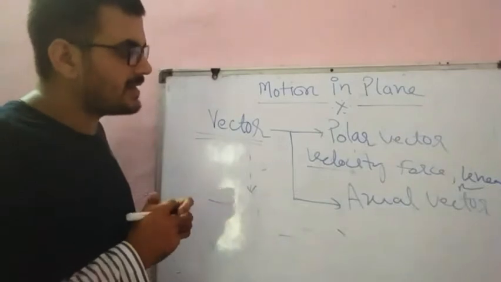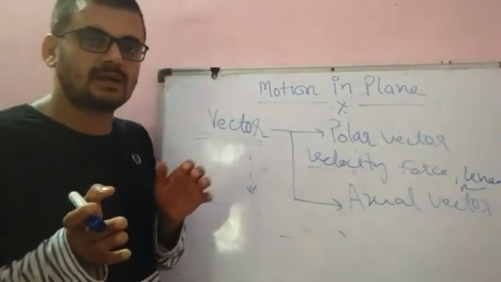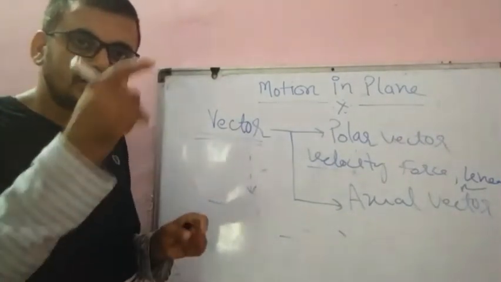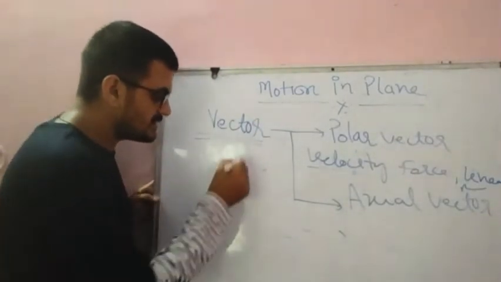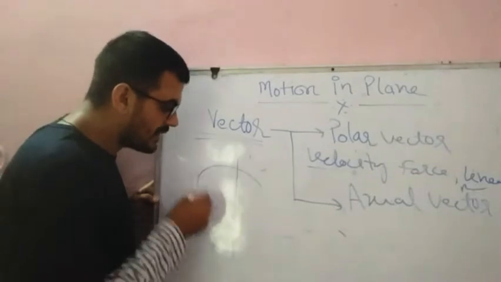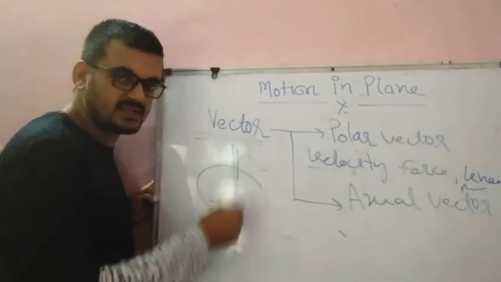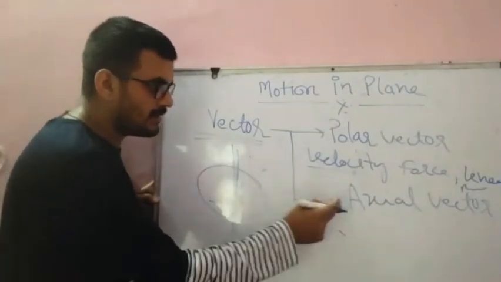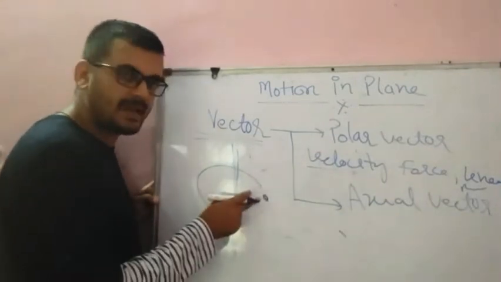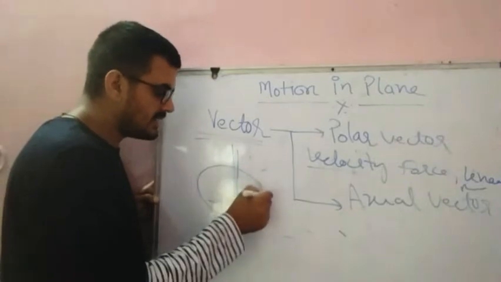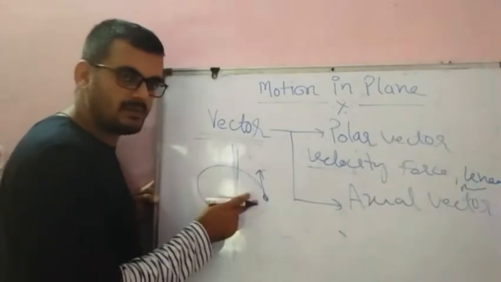And the axial vector is that vector which is directed towards the axis of the body, the axis of rotation. Suppose this is the axis and a body is rotating along this axis, then which vector will we use? We will use the axial vector. When the body is at this point, the axial vector will be like this.